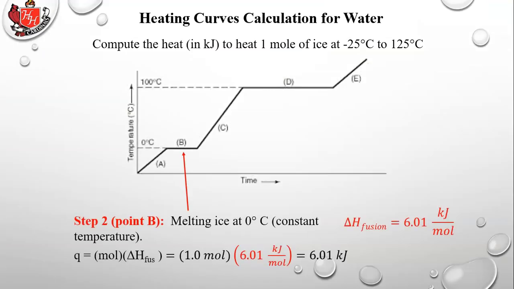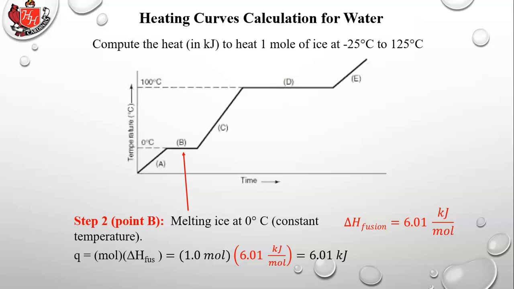Okay, now we're ready for point B, and that's the ice is melting into liquid water. The heat of fusion for ice to water or water to ice in either direction is 6.01 kilojoules per mole. So we have 1 mole, so it's going to be 6.01 kilojoules. Now, if you're going in the other direction and freezing water into ice, you would take out that amount of heat energy, 6.01.